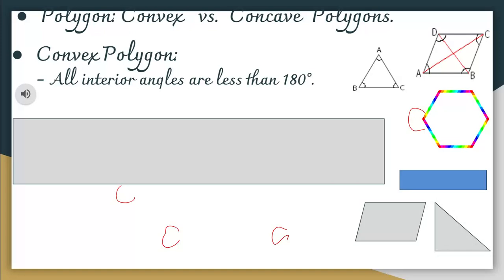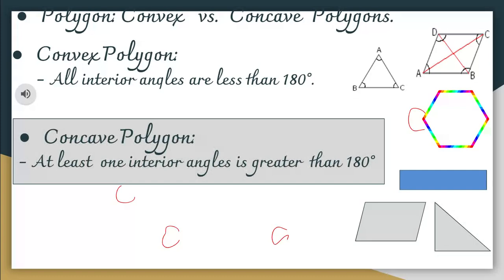I hope you are clear on the concept, isn't it? Now that we have discussed these examples of convex polygons, let's talk about concave polygons. The word concave already has the term cave in it. So when you look at a concave polygon, it would give you this cave-like structure.